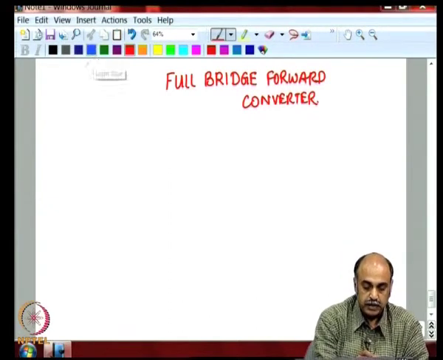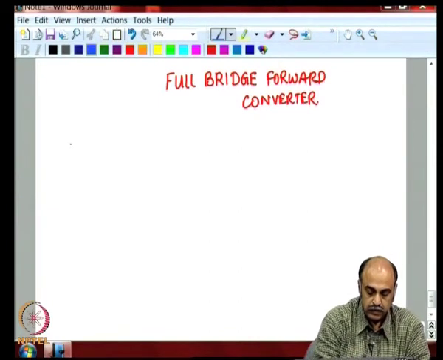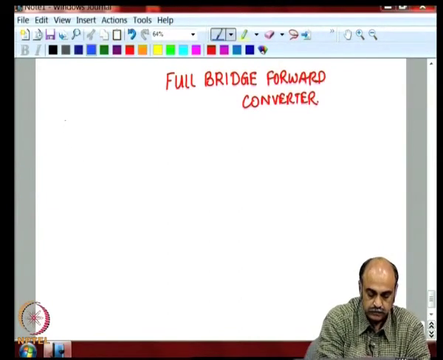So, how does the full bridge forward converter look like? Let us draw that.